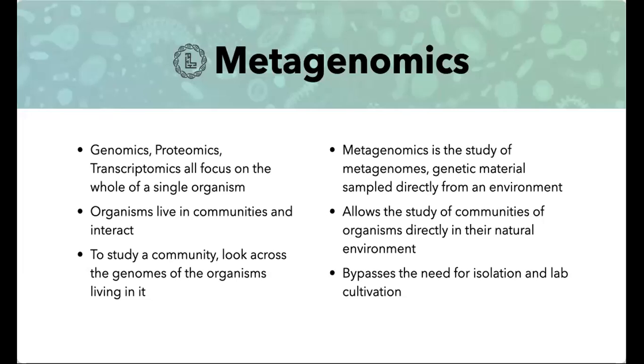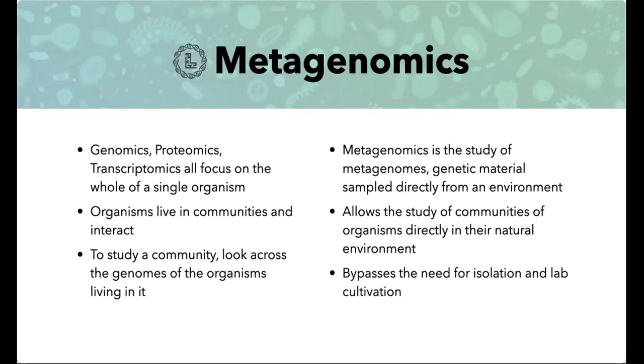While studying these metagenomics studies, unlike other omics data types, metagenomics does not study a single organism, right? But it actually studies the whole community at once. It is a snapshot of a collection of organisms directly in their natural environment.